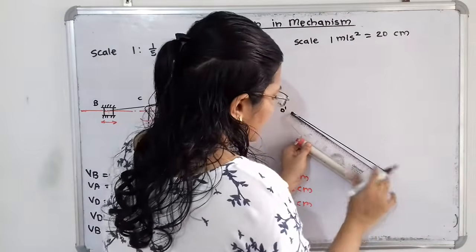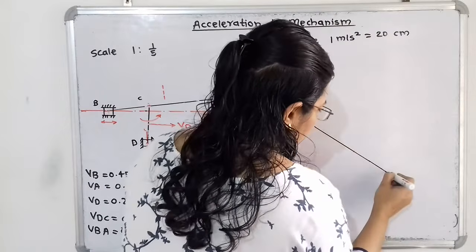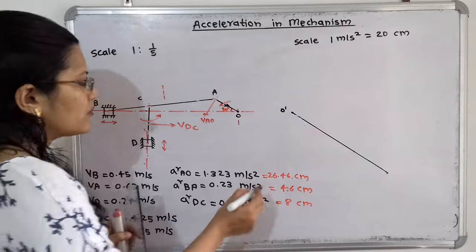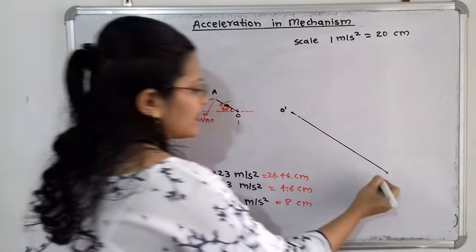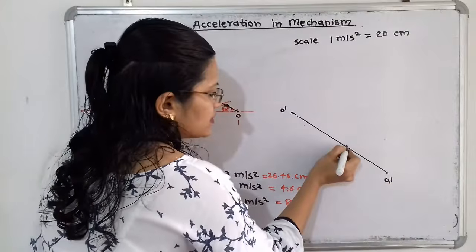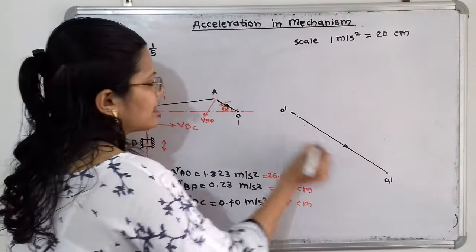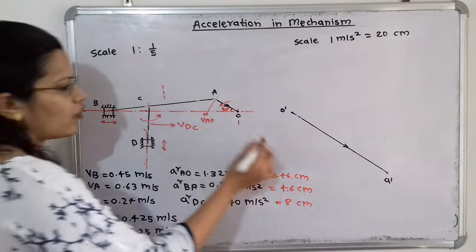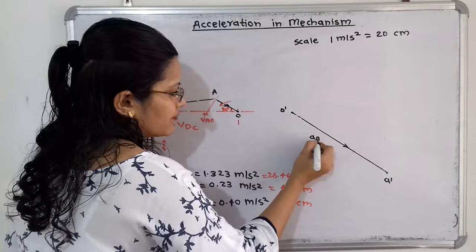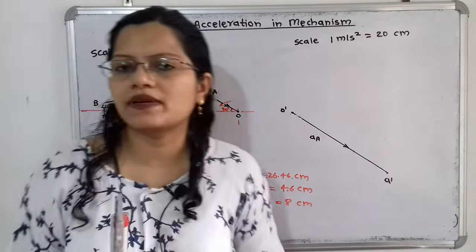So here we will take 26.4 centimeter, and here is the final point. The initial point is O dash, and the final point is A dash. Here is the vector, I will show the direction, and it indicates the acceleration, or we can say the total acceleration of A with respect to O. So simply we can say a_A.